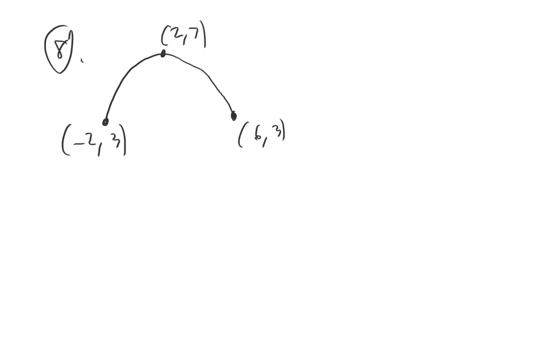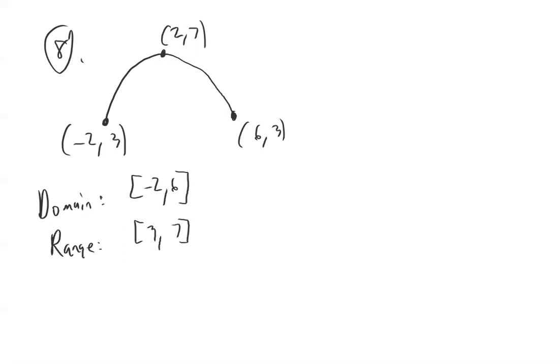So the domain of that first one is from left to right, so -2 to 6. The range of it is from bottom to top, which is 3 to 7. And then it's increasing from here to here, right?